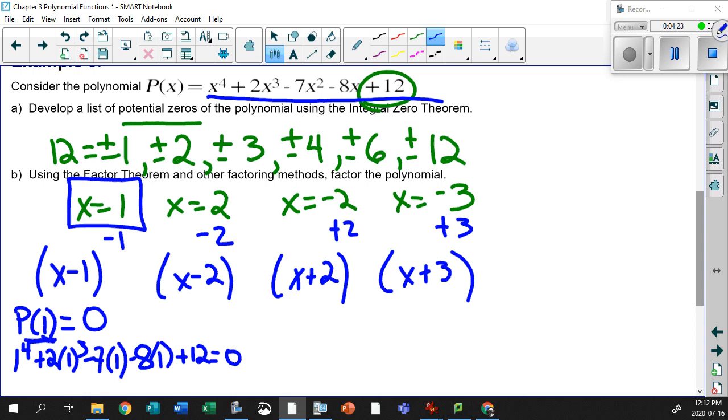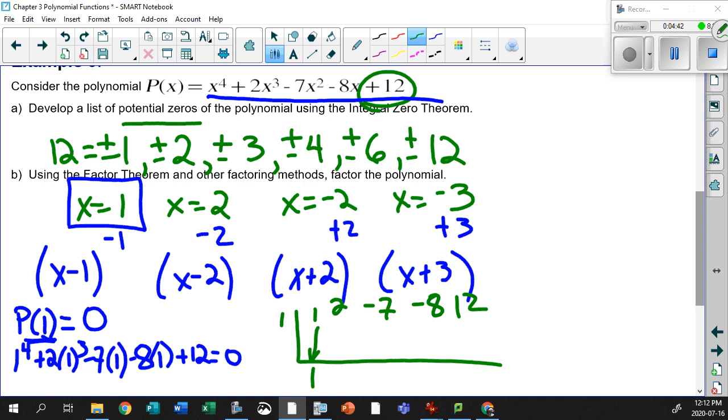You're good to go. Okay, so with that in mind, they'll say, make sure you use synthetic division. Yeah, no problem. Okay, I'm going to put in 1, and I'm going to prove that this works. 1, 2, minus 7, minus 8, and 12. There's 1. So 1 times 1 is 1. That works out to be 3. 3 times 1 is 3.